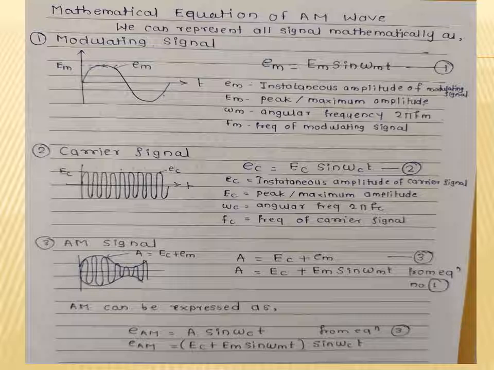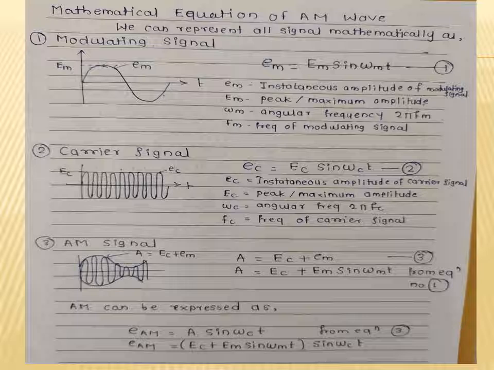So A is equal to the amplitude of the carrier signal plus em. See the envelope: there are two signals in it. The first is the carrier signal, and the second is the envelope of the modulating signal, which is em. So it is capital EC plus em.